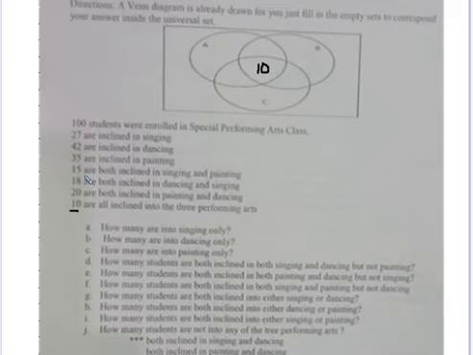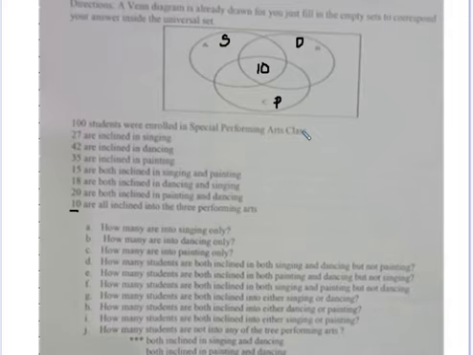15 are both inclined in singing and painting. So we need to determine first, what is set A? I will mark it as S. What is set B? I will mark this as D for dancing. What is set C? I will mark it as P, which is painting.